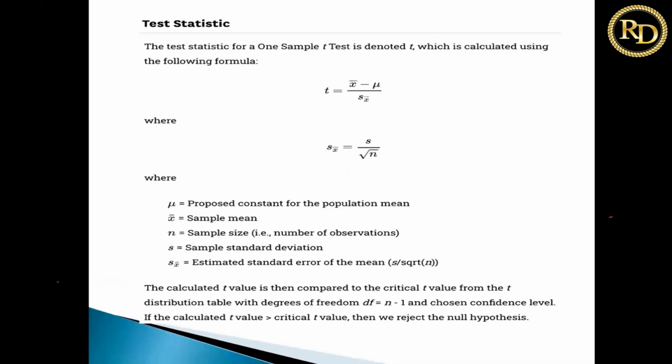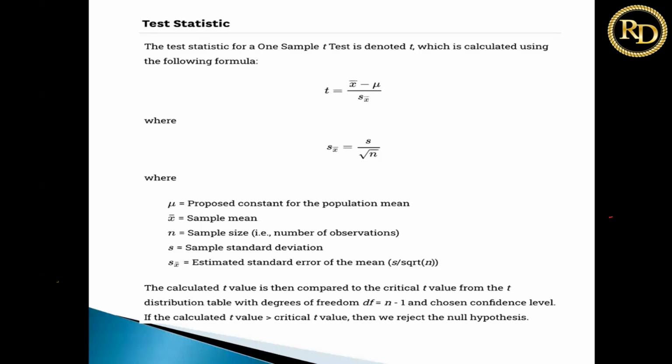Now what is the test statistic? There is a statistic and there is a test statistic. The statistic is x bar minus mu upon s x bar, where s x bar is the standard error of x bar. The statistic under the null hypothesis is known as the test statistic.